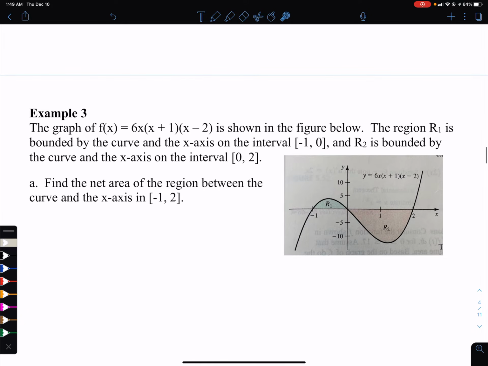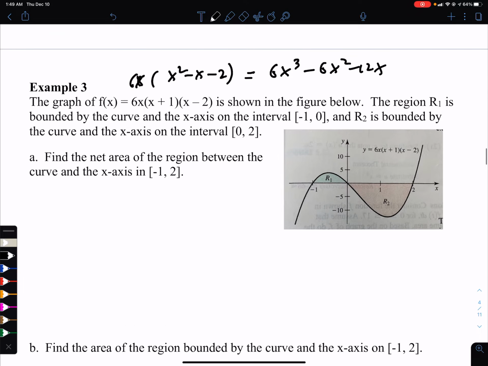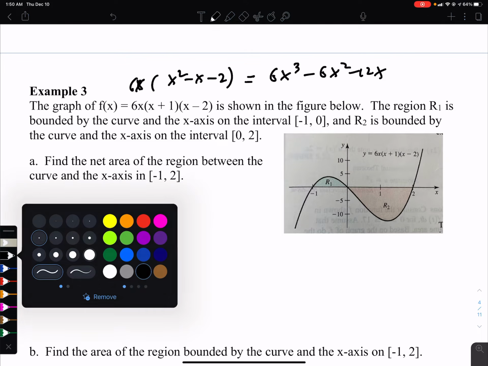But to make my life much easier, I'm going to multiply this out. This will be x squared minus x minus 2. If I just multiply these out, I'll get that. And then I'm going to distribute the 6x to that. So that's going to be 6x cubed minus 6x squared minus 12x. That's going to be a lot easier to work with.